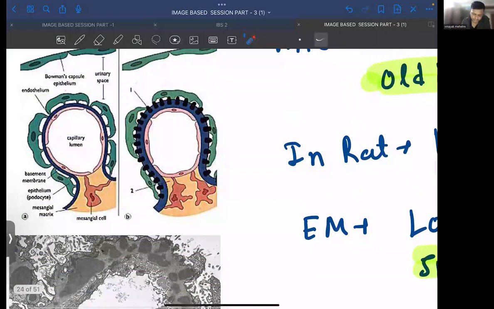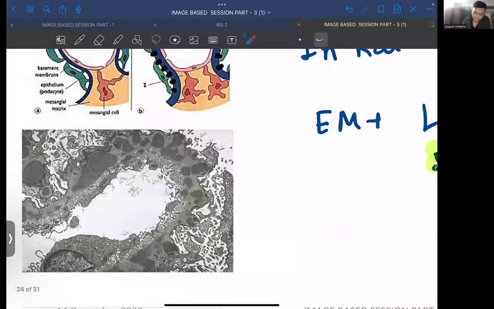This podocyte is going to lose its base. This is called loss of foot process. Loss of foot process. Okay. The image is not going to come in color. The image will be black and white. The image is of electron microscope. Okay. Electron microscope.